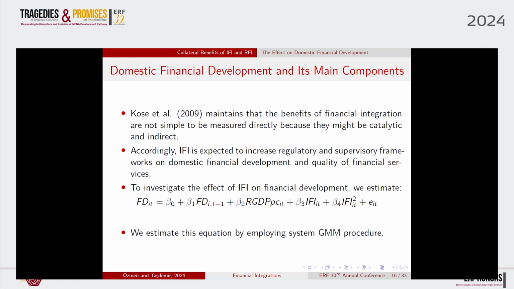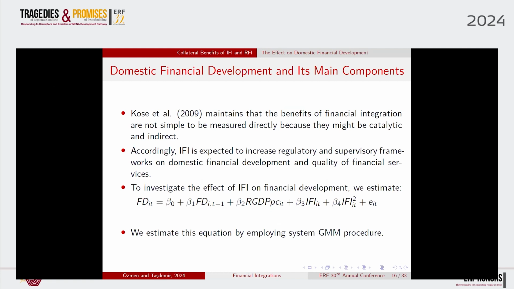In their paper, Kose suggests that the most important beneficial effect of capital flows is collateral benefits. In our paper, the collateral benefits argument mainly consists of financial development and governance.